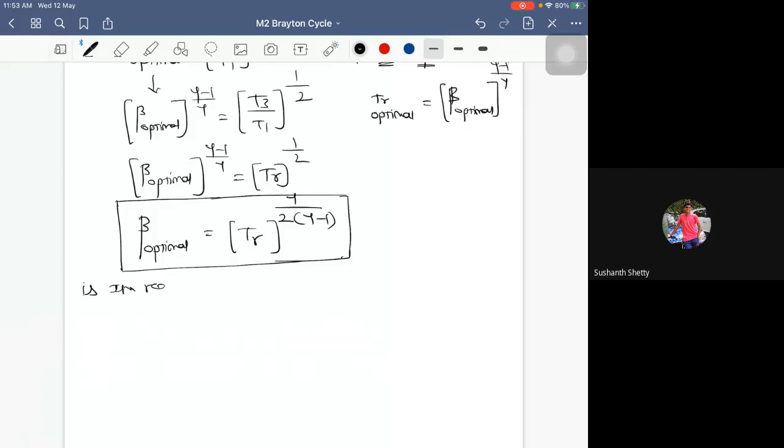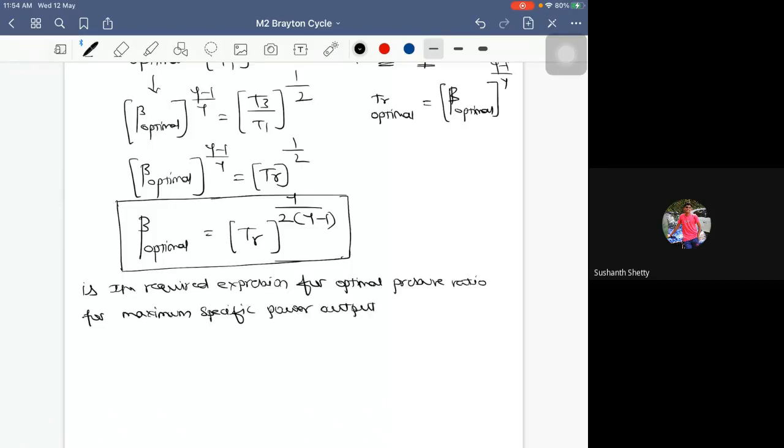So just write that: the required expression for optimal pressure ratio for maximum specific power output of, I will highlight this, it is ideal Brayton cycle.